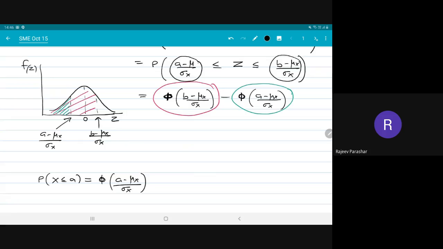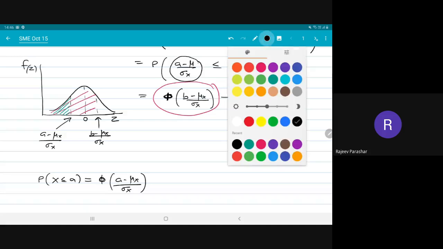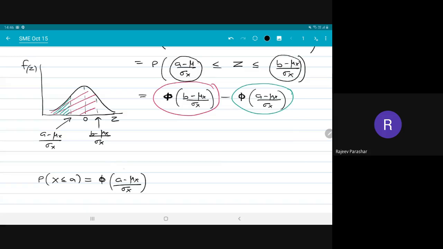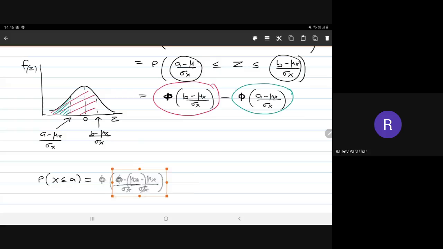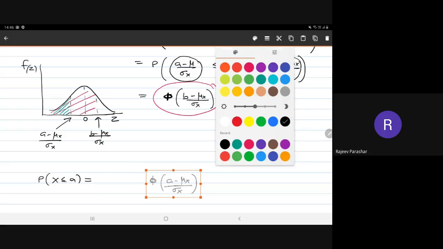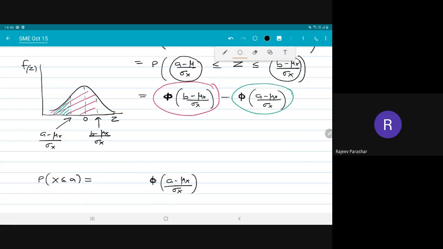And if we have this inequality, the probability that the random variable takes on a value less than a is the same as, let me insert one more expression, the probability z takes on a value less than a minus mu of x by sigma of x, which is this.